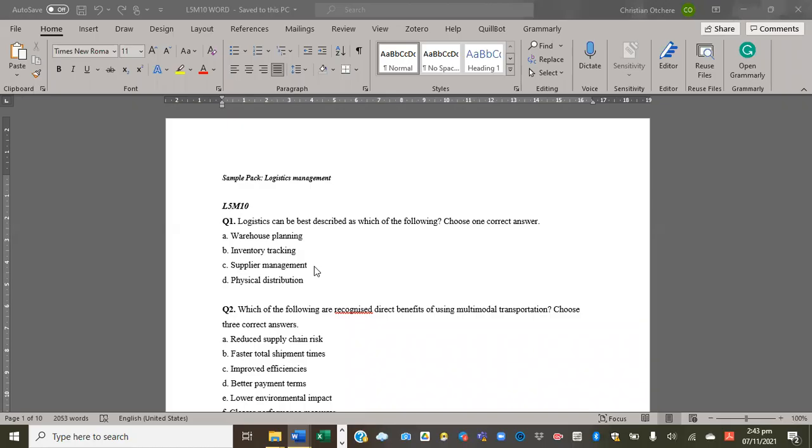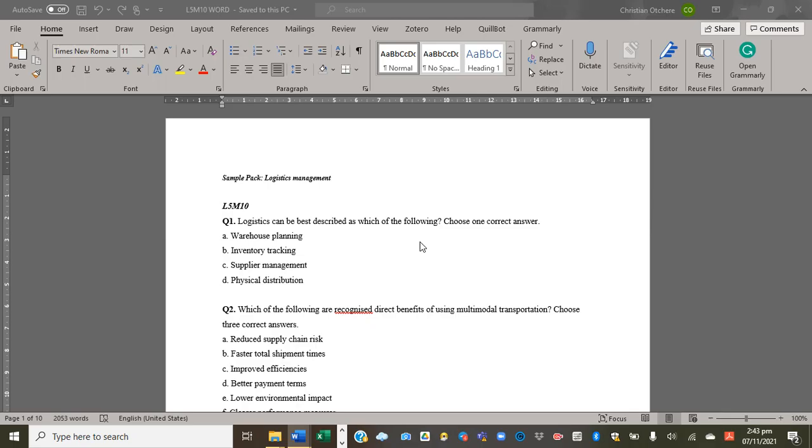So which one are you choosing? Do you agree with warehouse planning, or you choose some other option? Okay, I want to go for warehouse planning. Okay, you go for warehouse planning.